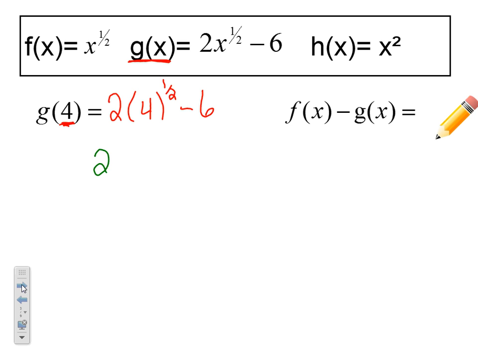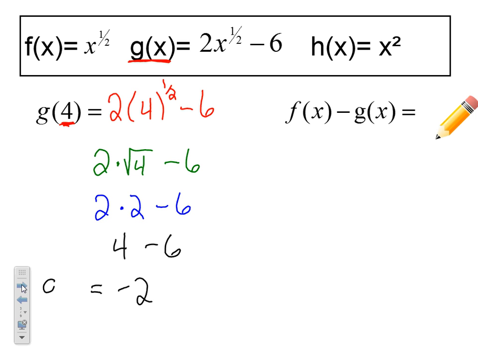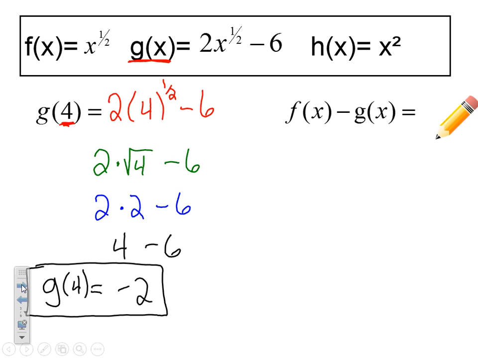So this equals 2 times the square root of 4 minus 6. So the square root of 4 is 2, so I have 2 times 2 minus 6. So I'm going to get 4 minus 6, which equals negative 2. So g of 4 equals negative 2.